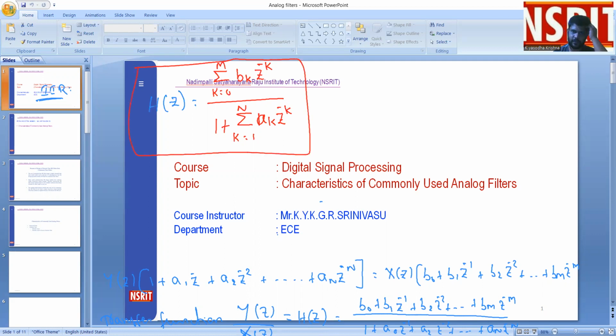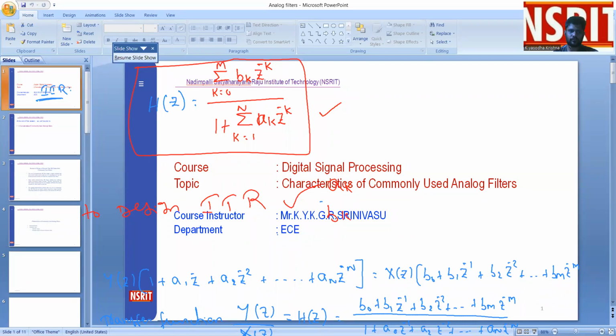That is the expression. So to design an infinite impulse response filter, we simply need the coefficients ak and bk.